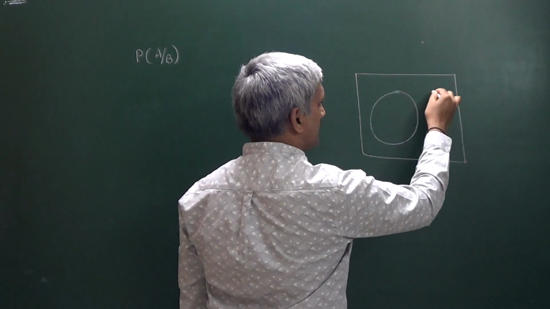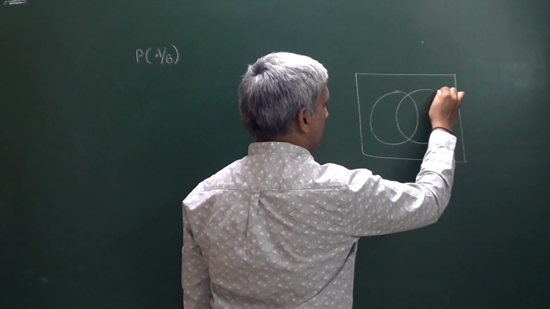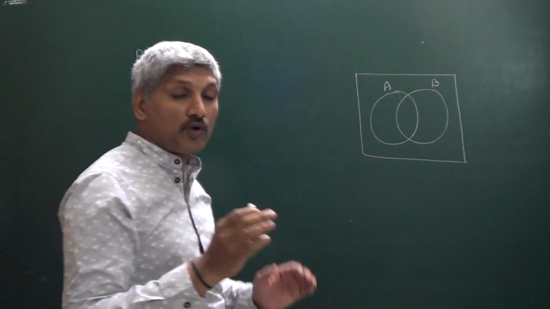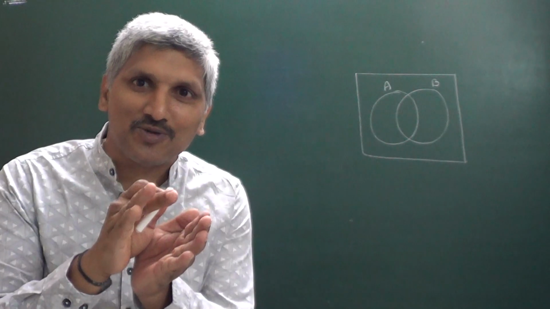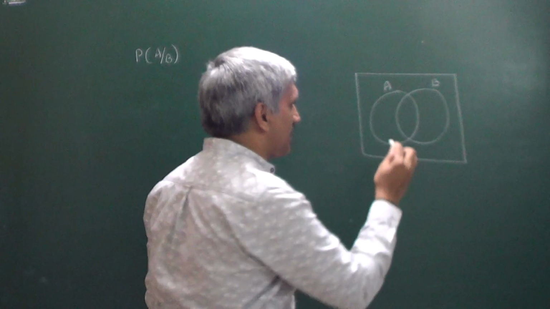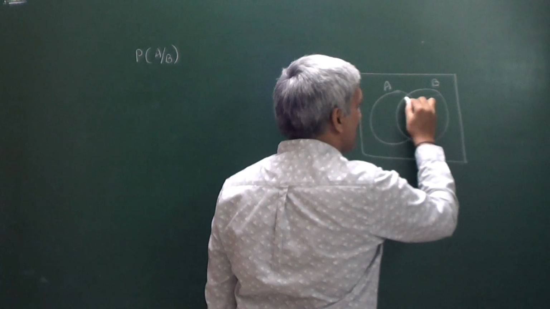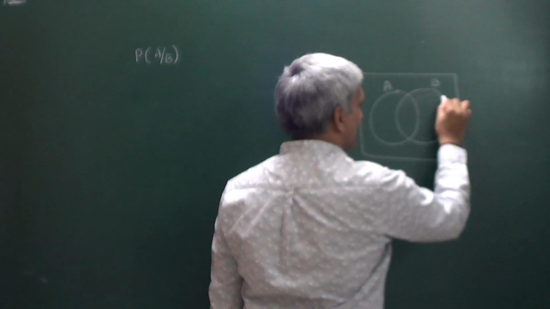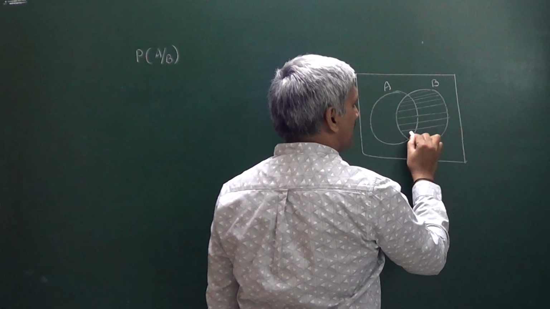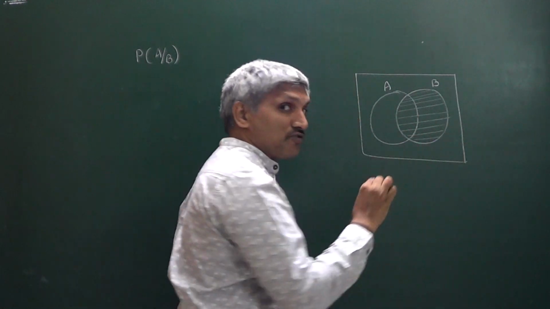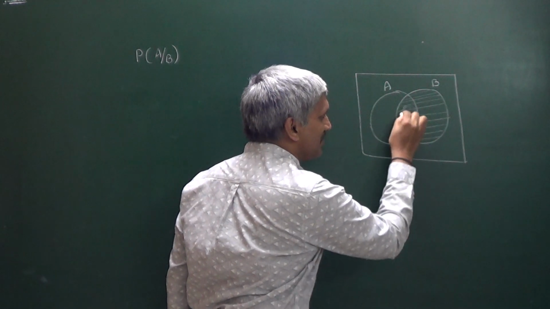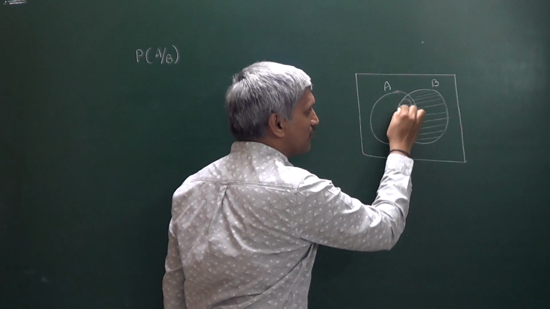So this is a set A and this is a set B. We have to find the probability of A with respect to B, that is, the probability of A when B is taken as a sample space.